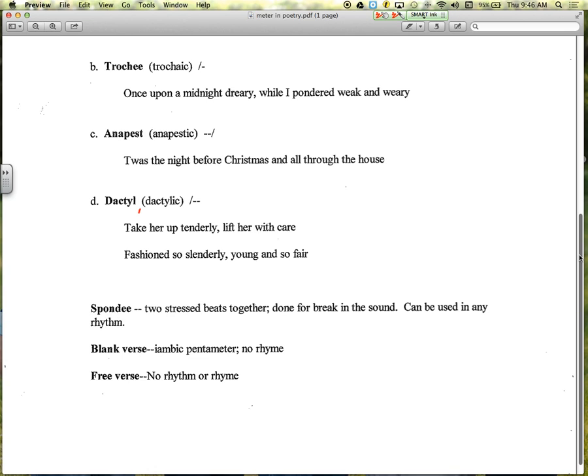This one would be: Take her up tenderly, lift her with care, fashion so slenderly, young and so fair. Again, it's the least natural and the least used of all of them. You won't find that many examples of dactyl. In fact, I had a hard time finding some to put on your test.